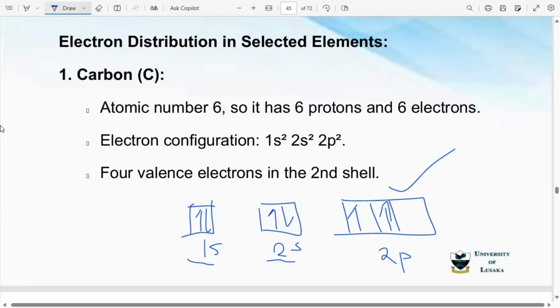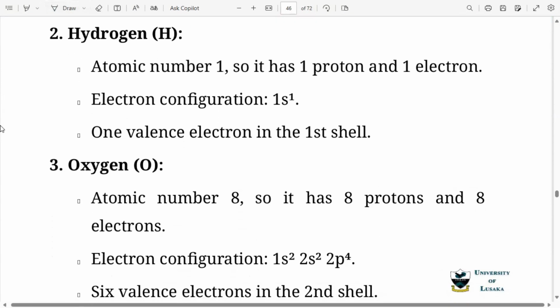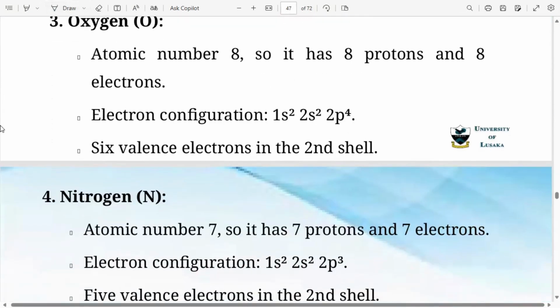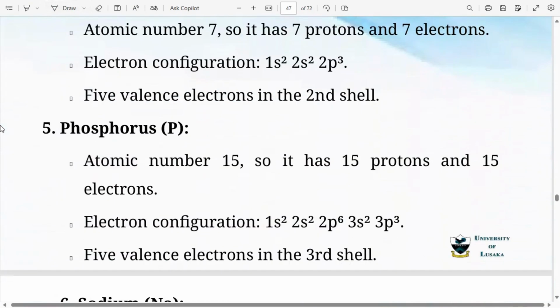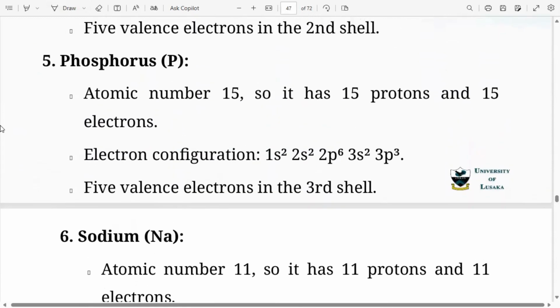So that is all about electronic configurations. There are different examples. You can talk about different atoms like this. All of them are different. Some will even be reaching the d orbitals, but you just have to make sure that you are following these rules.